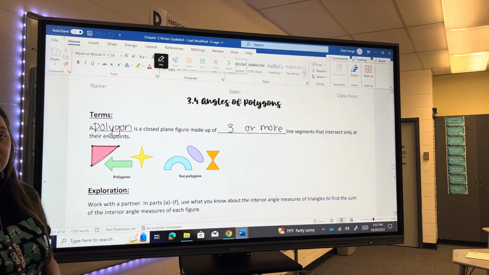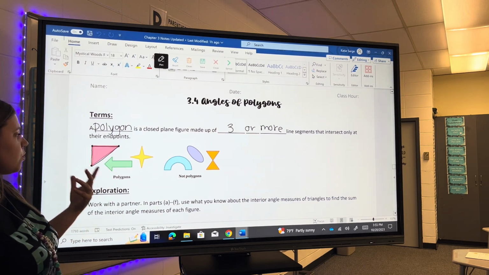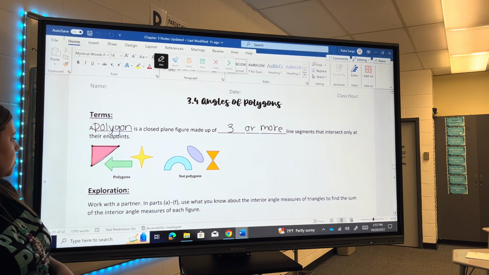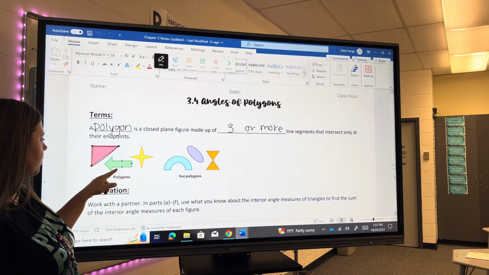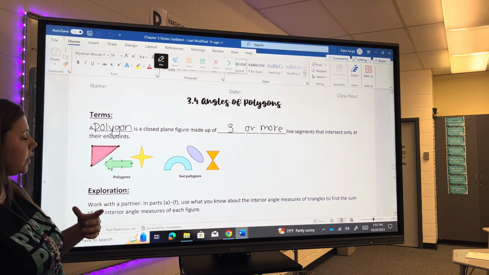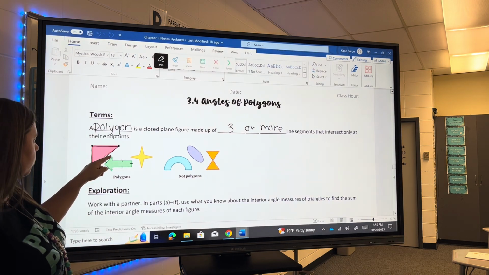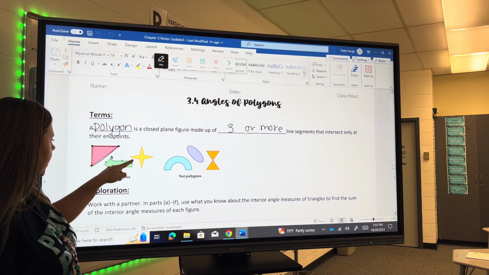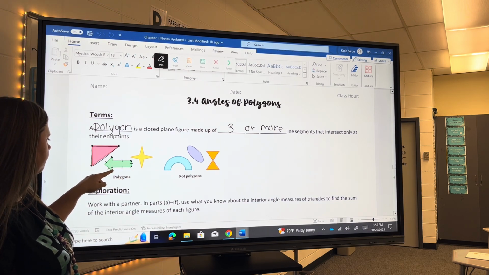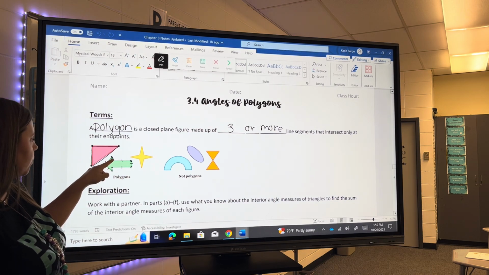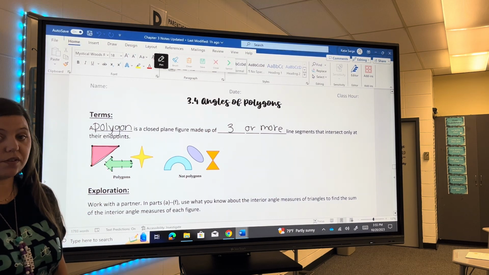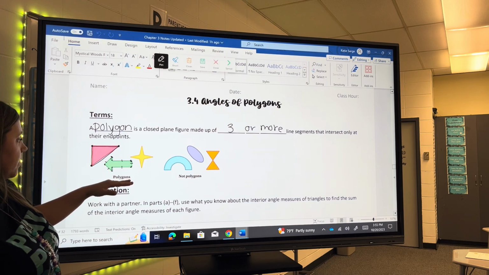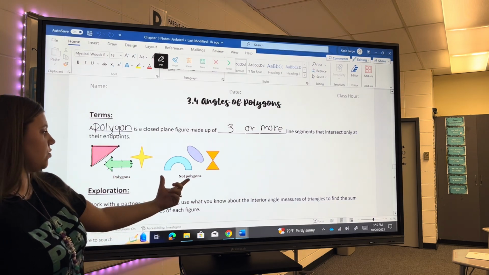The only place they intersect is on the ends or the outsides, okay? So same thing here. We've got 3 or more. Here's 1, 2, 3, 4, 5, 6, 7 line segments, and they only intersect at the end points, okay? So there's no craziness happening on the insides of these shapes, okay? So these are polygons, multi-sided shapes, and these are not.